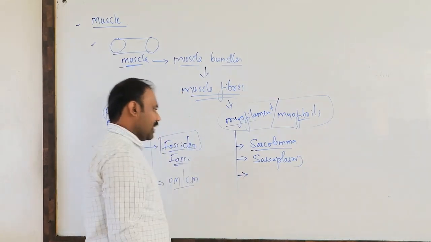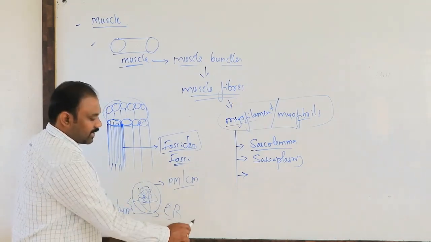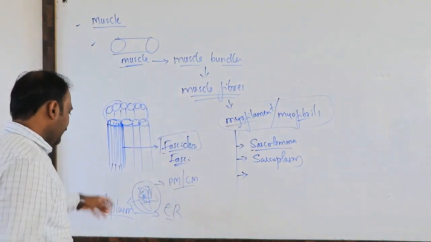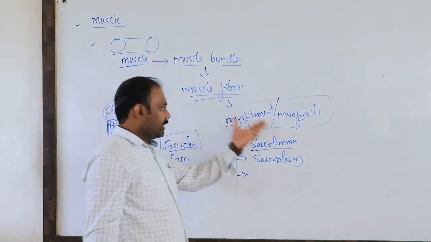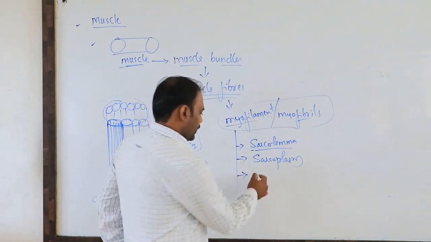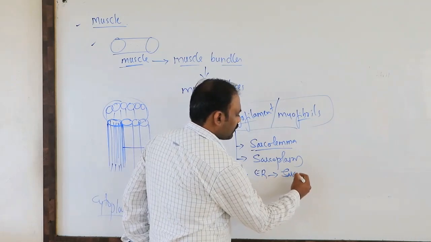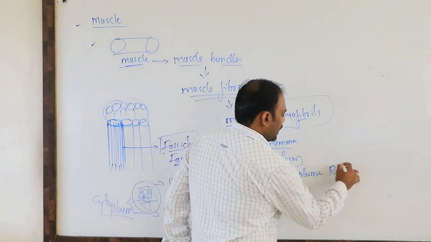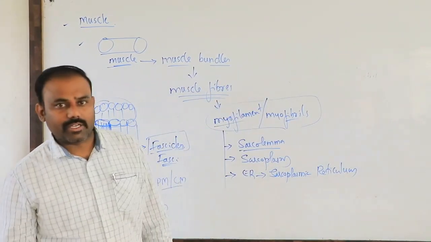At the same time, in the cytoplasm we have a cell organelle called the endoplasmic reticulum, and in the case of myofibrils, the endoplasmic reticulum is called the sarcoplasmic reticulum.